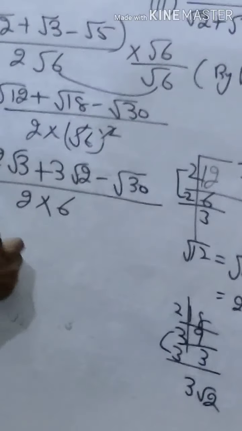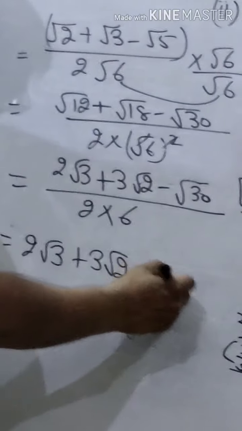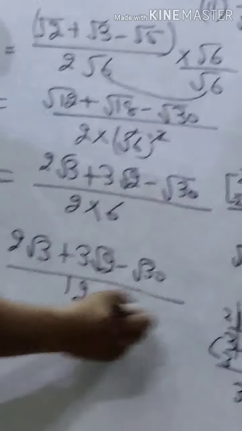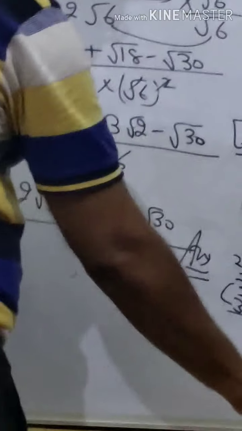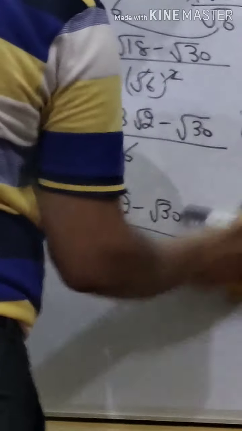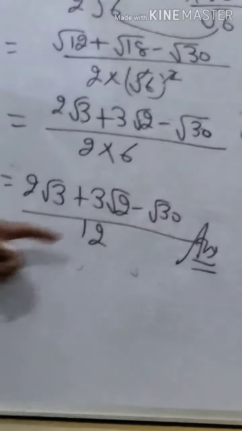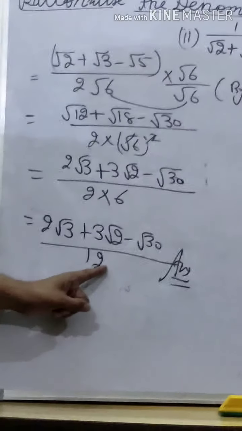So my dear students, 2 root 3 plus 3 root 2 minus root 30 upon 12 is the answer. Clear this? So why is it the answer? Because I simplified also, and then you see from the denominator, root symbol is not here.